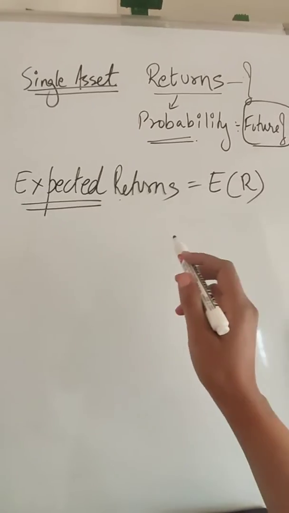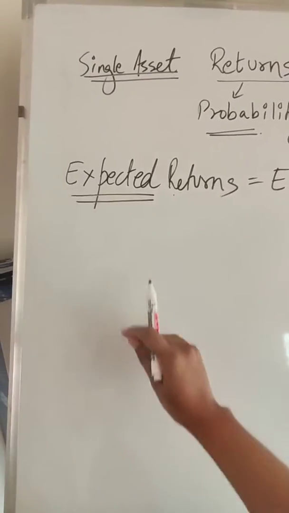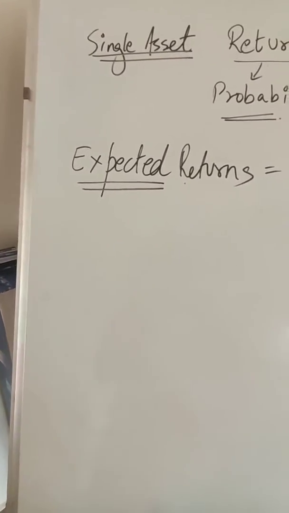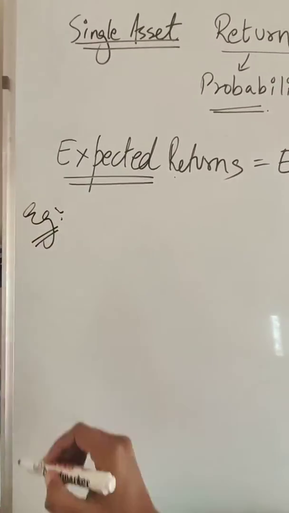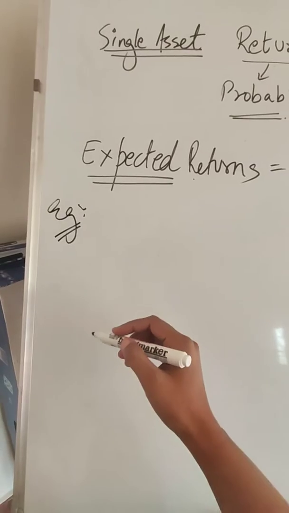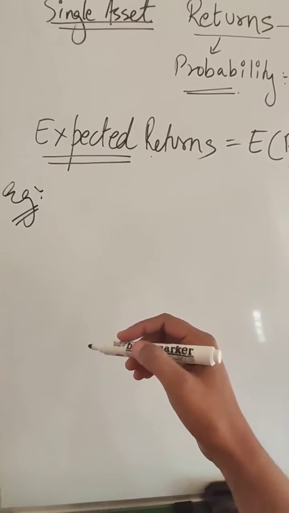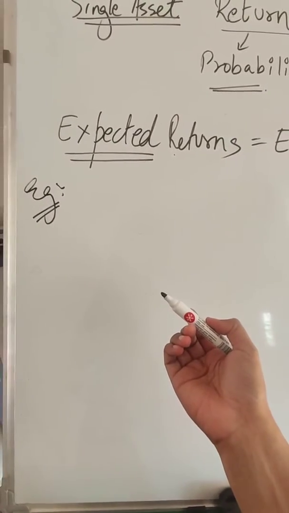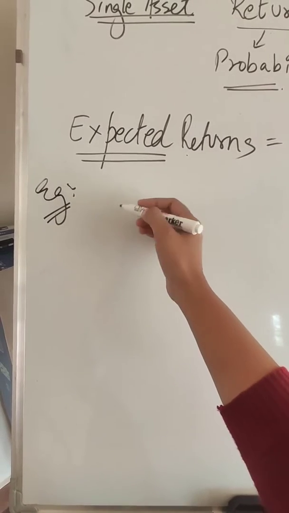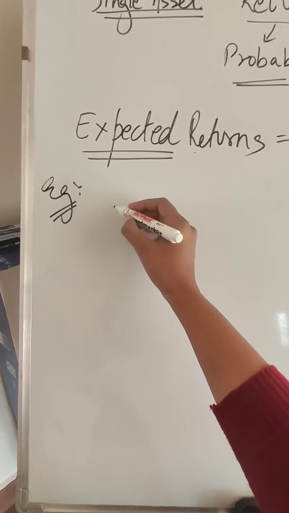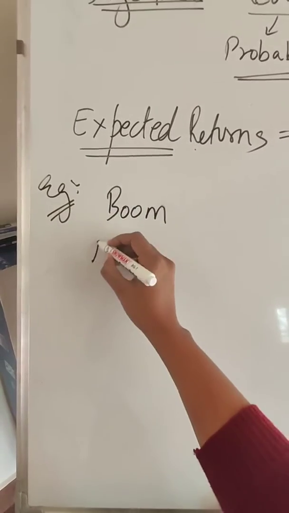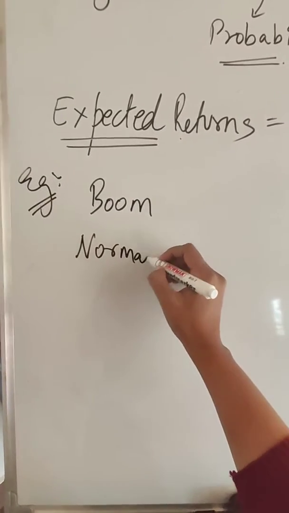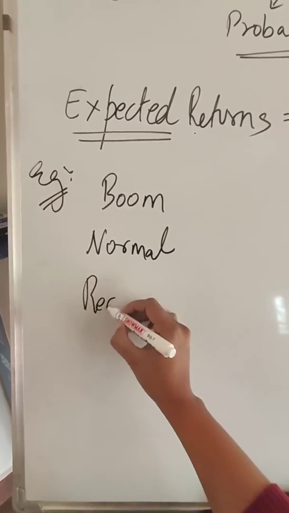Now once you have known the concept of expected return, next is how will you calculate it. So I am taking an example here. Say for example, you have bought some asset, and this is the expectation that next year or next time period it might be boom, or it could be normal, or it could be recession.